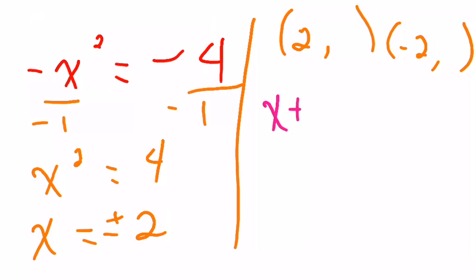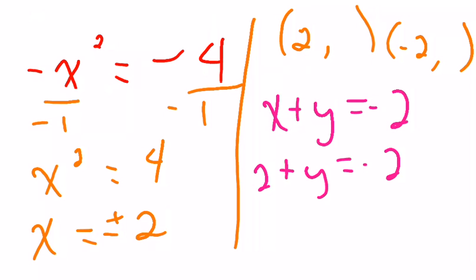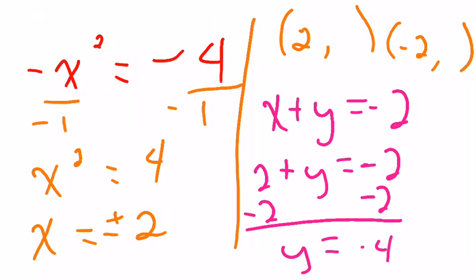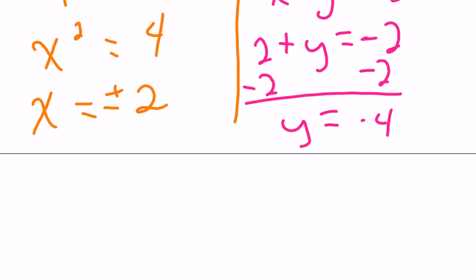So if we do x plus y equals negative 2, we need to plug in 2 for x. So 2 plus y equals negative 2. Subtract 2 from both sides, so y equals negative 4. And then we need to do the same thing with the negative 2.